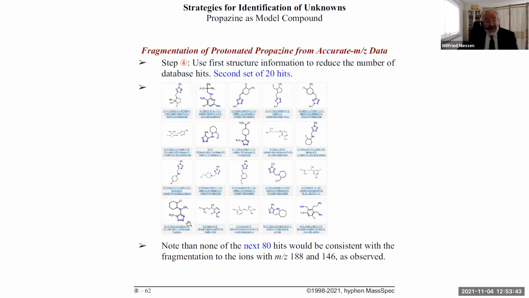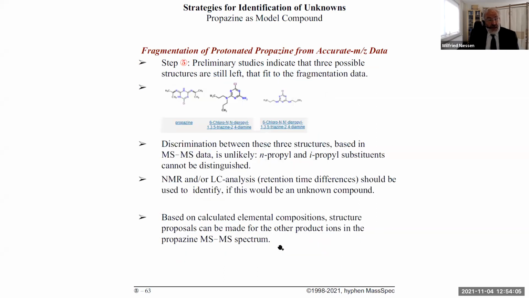And this is the second set, and none of these structures show losses of 42 as being propene. The same holds for all the other hits which are there. None of these others actually give these two propene losses from their structure.